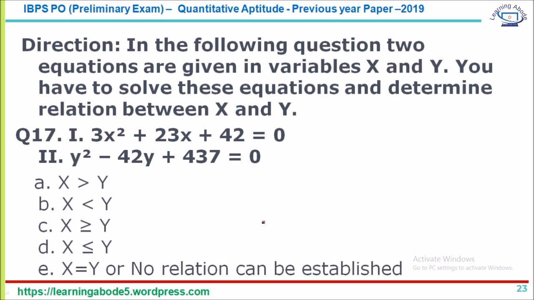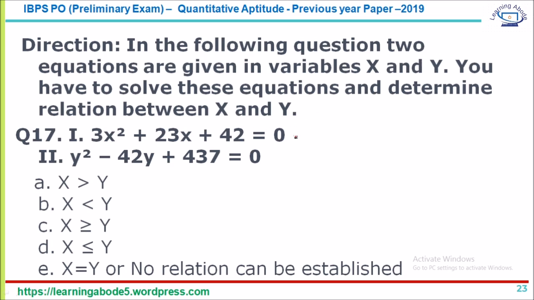From each of the equations we have to consider the value of x and y, and say whether x is greater than y, x is less than y, x and y are equal, greater than or equal to, or less than or equal to. So there are 5 possible relations, or maybe a 6th option where no relation can be established. If they are equal or if no relation can be established, we mark answer option E. Now let's solve the equations.